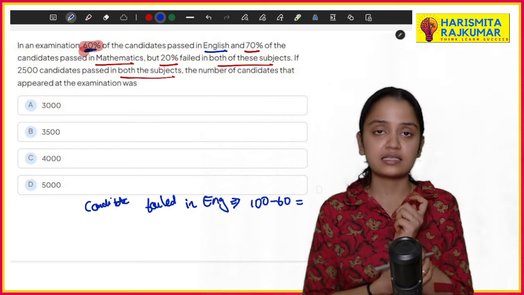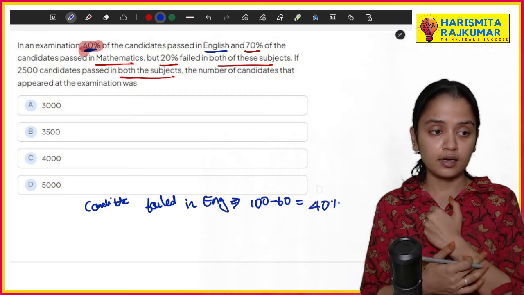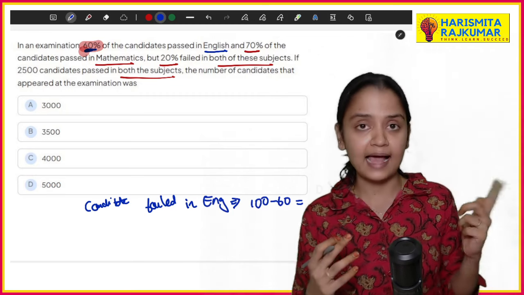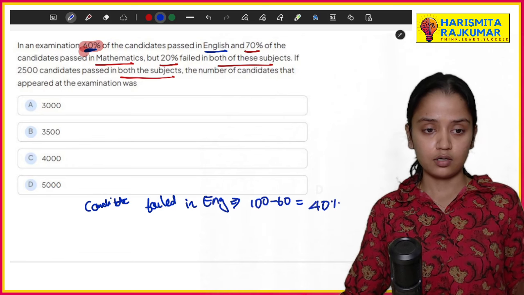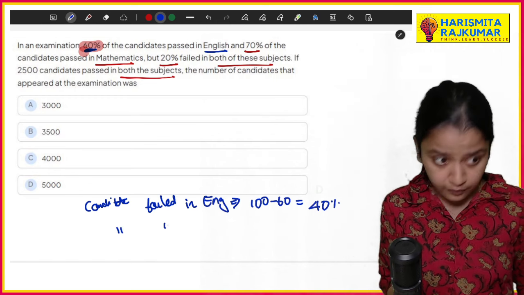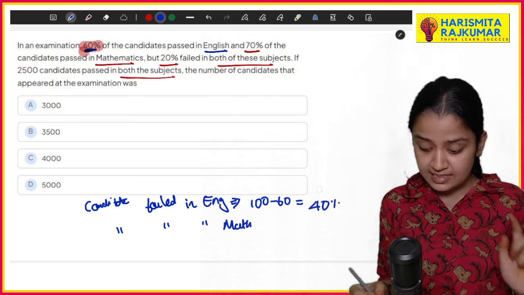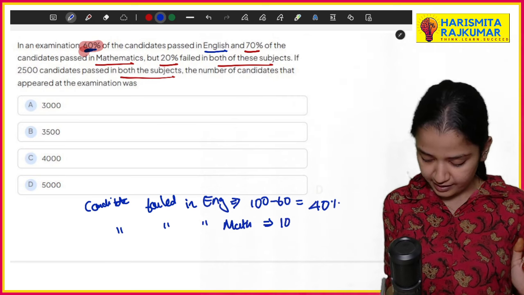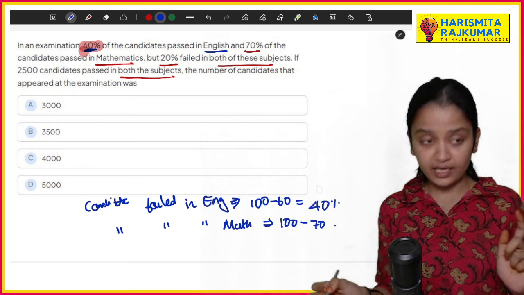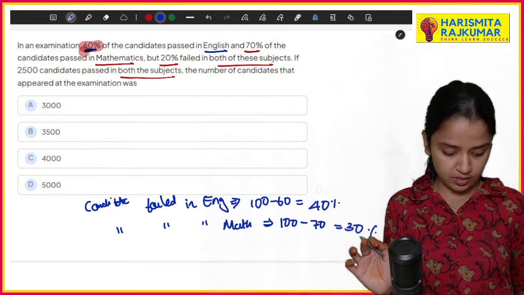Now candidates who failed in mathematics will be 100 minus 70, which is 30 percentage of the candidates failed in mathematics. So I hope it is visible.